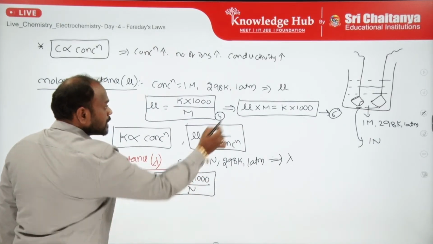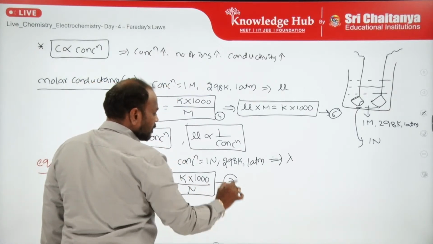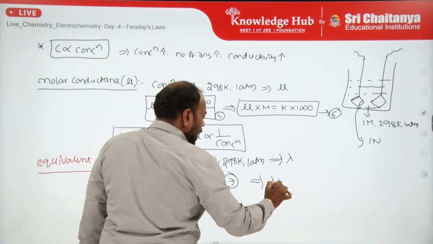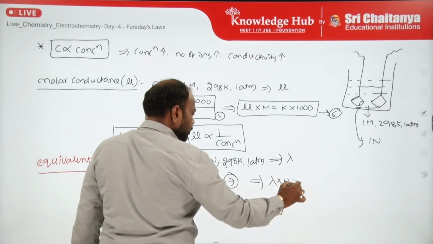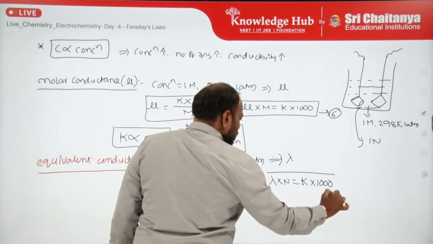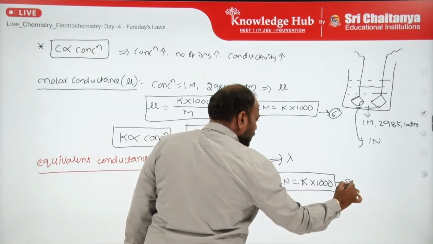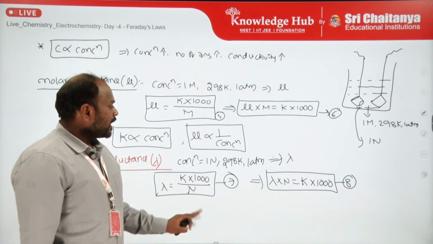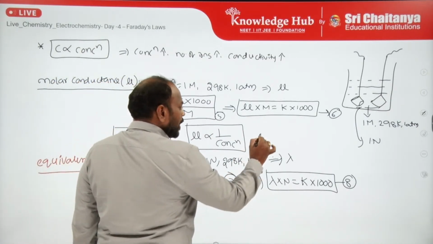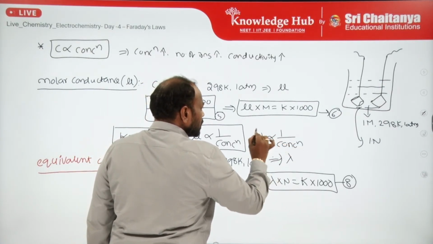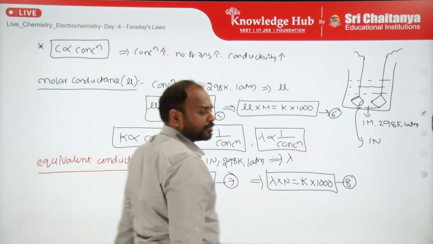This is equation 7. By cross multiplication we get lambda into N is equals to K into 1000. This is equation 8. Based on this also, lambda value is inversely proportional to concentration from equation 7.